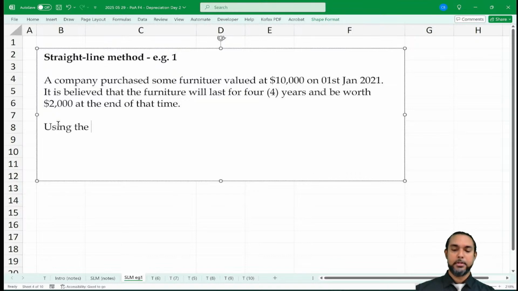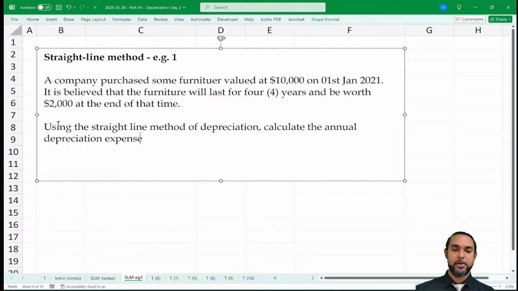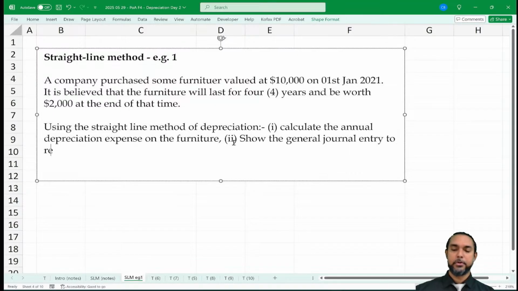So, using the straight line method of depreciation, calculate the annual depreciation expense on the furniture. Show the general journal entry to record the annual depreciation.